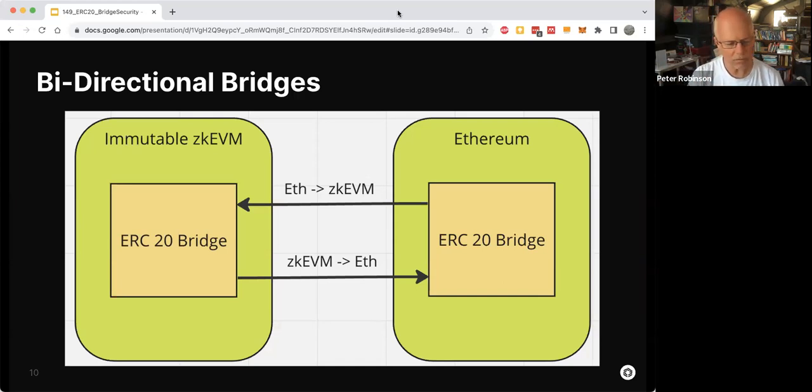That's a really important thing to comprehend: you could have one set of properties for the bridge going from Ethereum to the ZK EVM, but a completely different system in the opposite direction. For instance, you could have some sort of multi-sig from Ethereum to the ZK EVM, but in the opposite direction maybe a ZK bridge. So there are different ways of doing things, and different opportunities and possibilities.